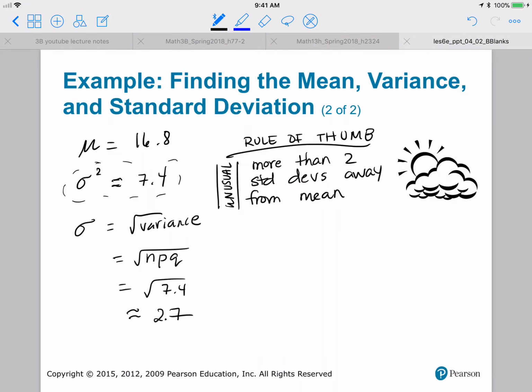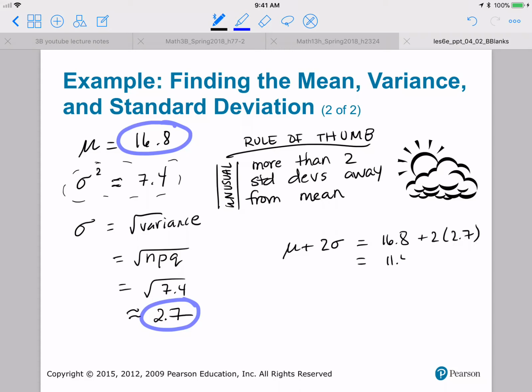So let me go over here and write this down. So mu plus 2 standard deviations would be 16.8, because there's mu, plus 2 times our standard deviation 2.7, which is about 22.2. And then we have mu minus 2 standard deviations, which is 16.8 minus 2 times 2.7, and this is 11.4.